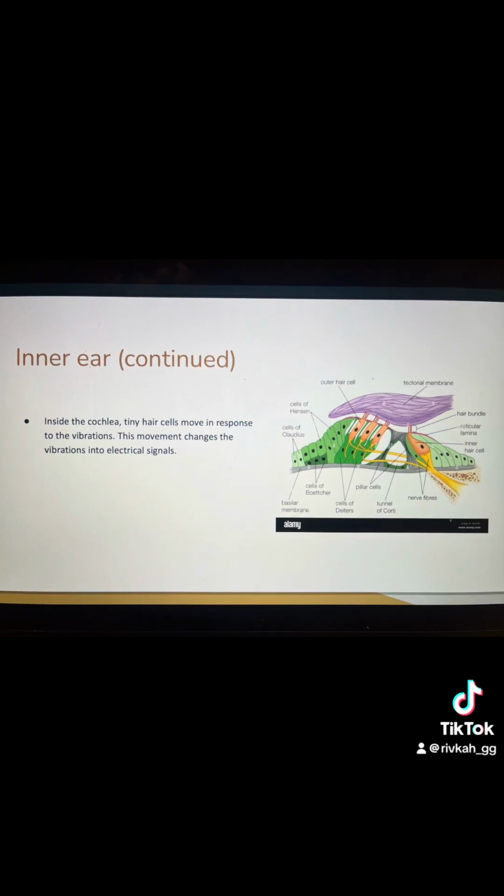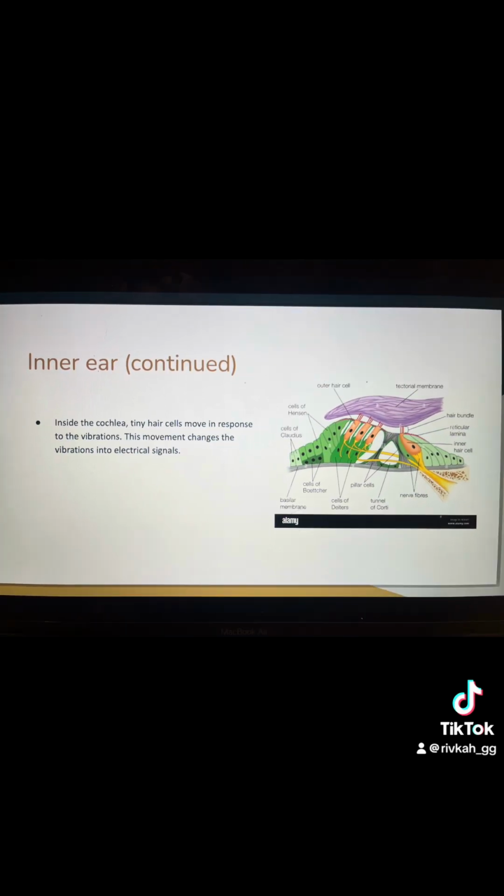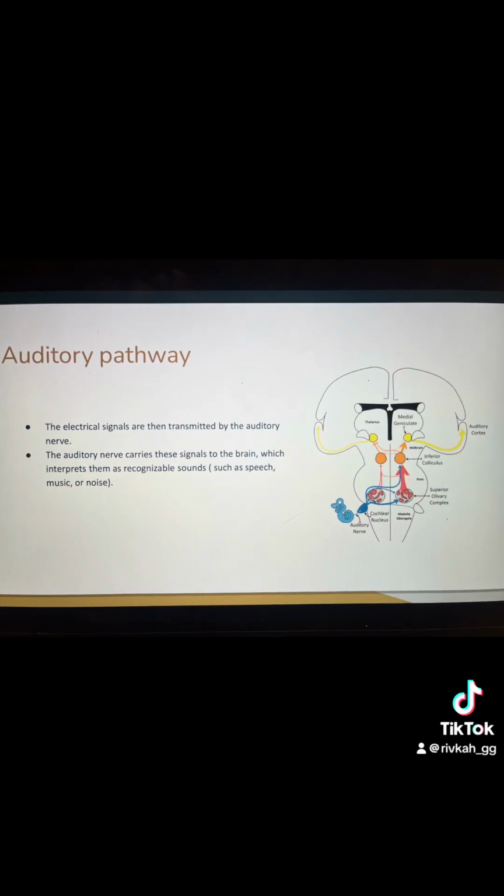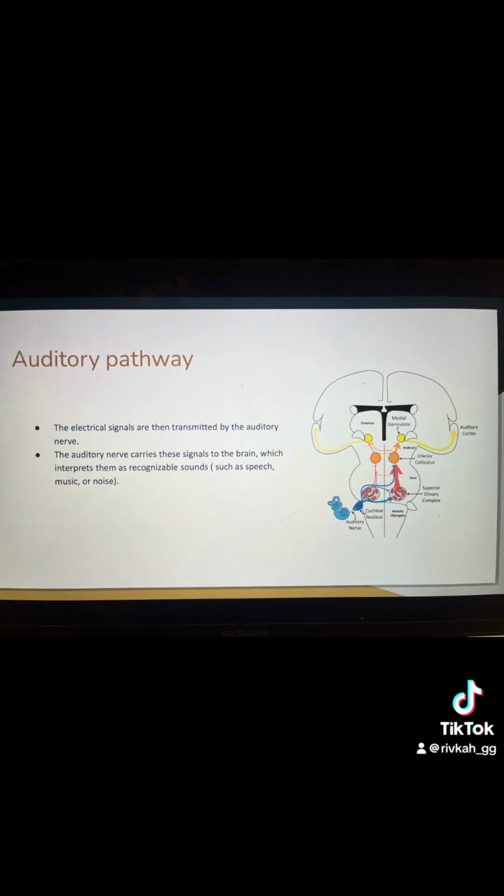Let's keep talking about the inner ear and the hair cells and how they bend. Inside the cochlea, tiny hair cells move in response to the vibrations. This movement changes the vibrations into electrical signals. Now let's talk about the auditory pathway and how the auditory nerve sends signals.